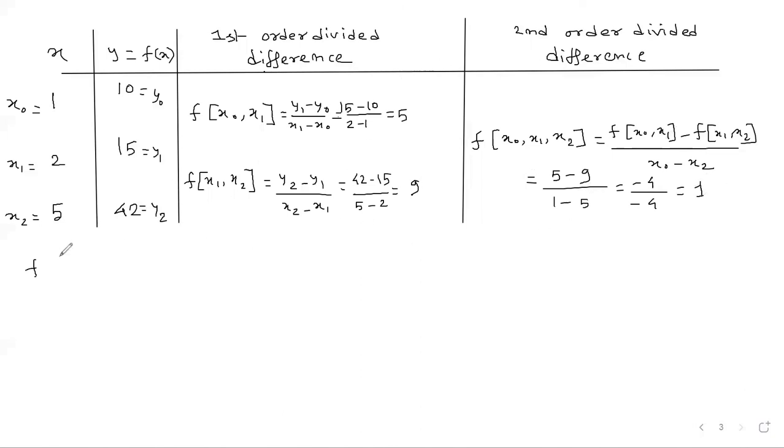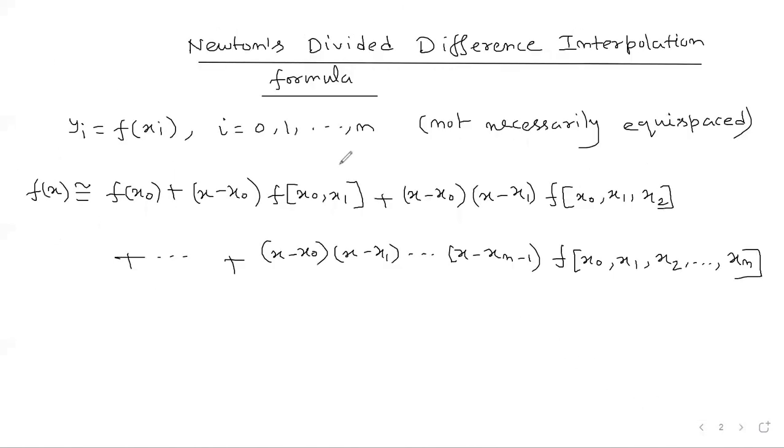Now the function f(x) is approximated by f of x0. According to the divided difference interpolation polynomial, for n plus 1 data points, we can fit a polynomial of degree at most n. So this is a polynomial of degree n. So f of x0 plus x minus x0 times the first order divided difference, up to x minus x0, x minus x1, up to x minus x(n minus 1), into the nth order divided difference.